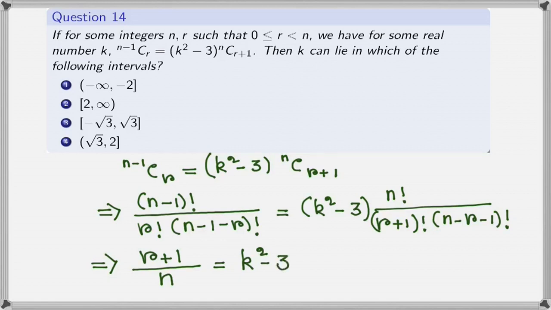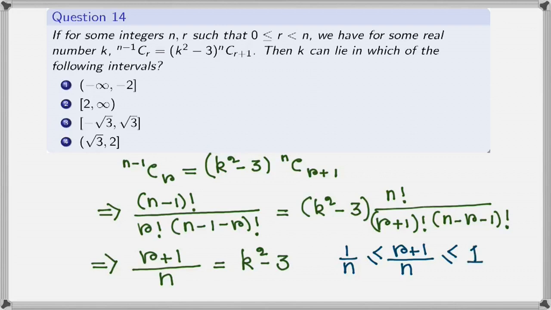Now note that we are given 0 is less than or equal to r and r is strictly less than n. So putting the values r equal to 0 and r equal to n - 1, we get 1/n is less than or equal to (r+1)/n, and this is less than or equal to 1.